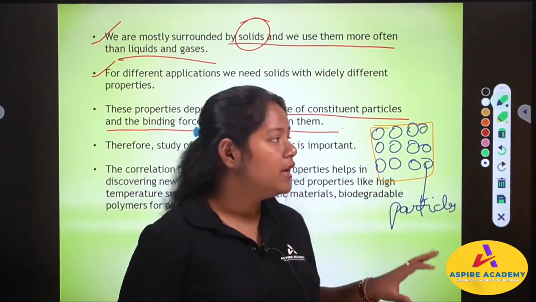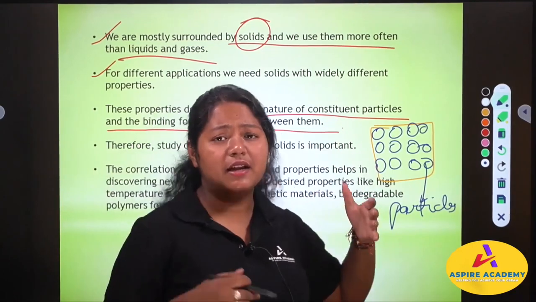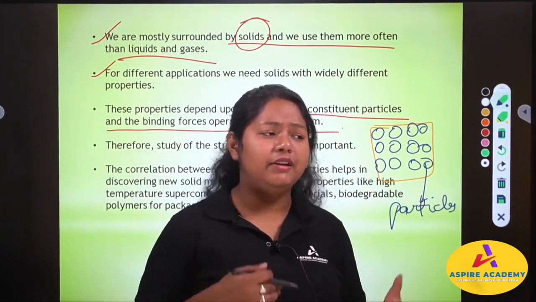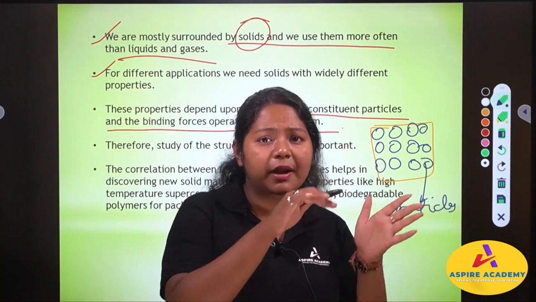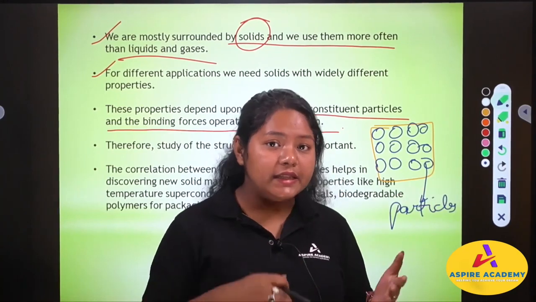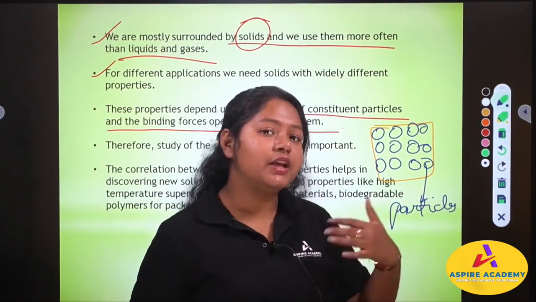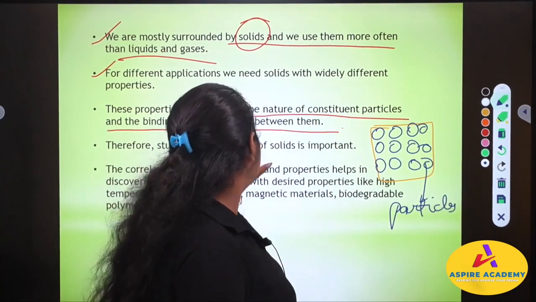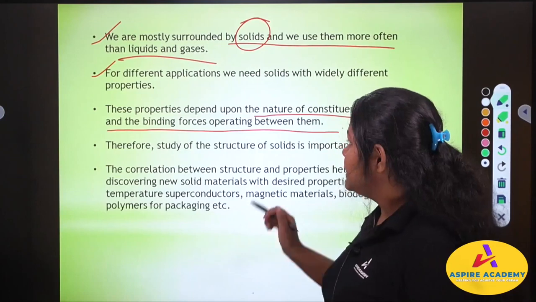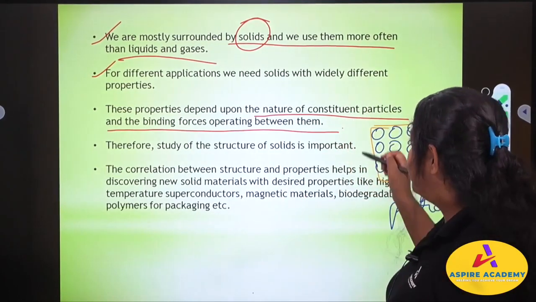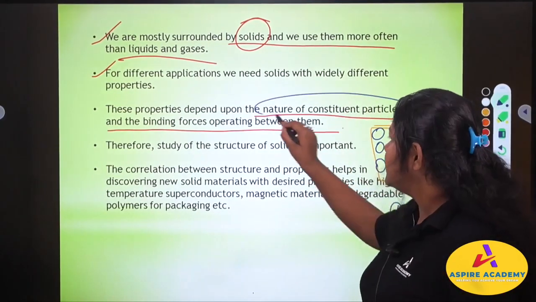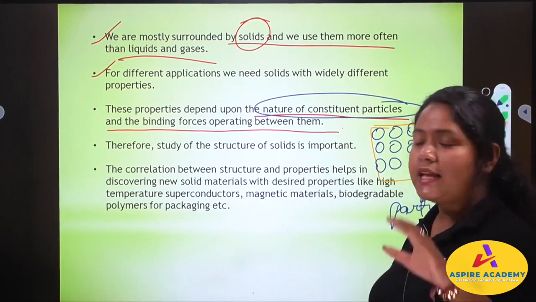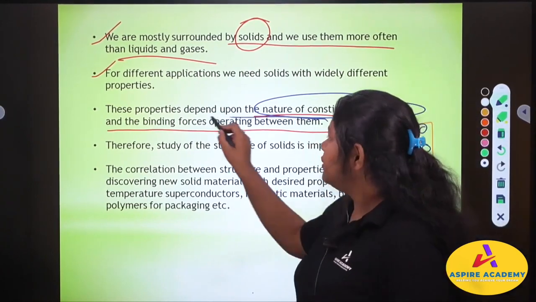If the particles are very far away, or arranged randomly, or arranged in a particular way, these things can change the overall property of a solid. So the properties of a solid depend upon the nature of constituent particles and the force operating between them.